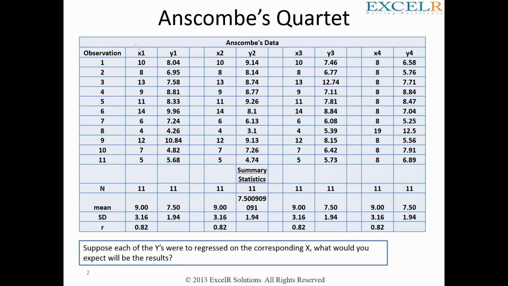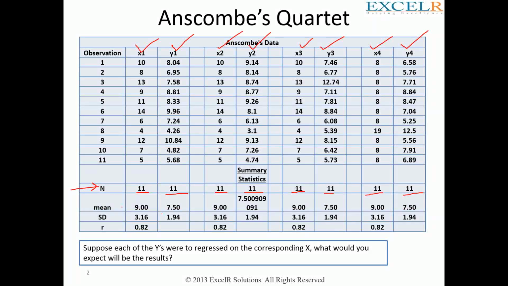We have X and Y here, and this is your dataset 1, and here you have dataset 2, dataset 3, and then dataset 4. So you have 4 datasets. The number of data points used in each and every dataset is 11.